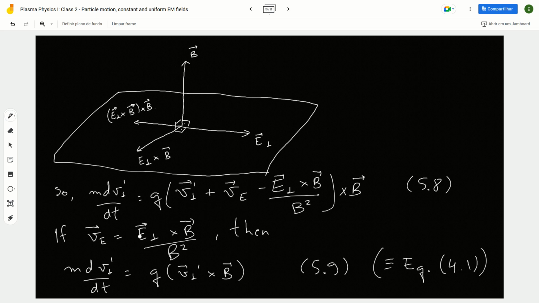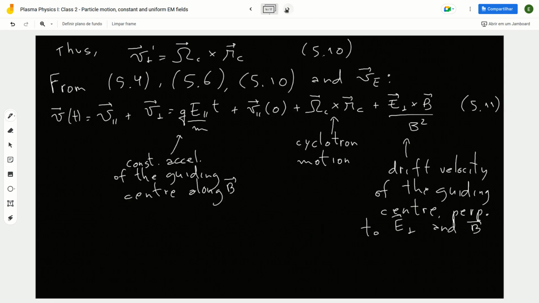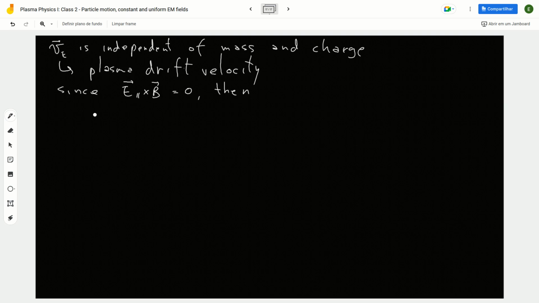So we can write either E perp or E. We'll write it like E, just because we can. So VE can be written like this as well. It's the same thing, E cross B over B squared.